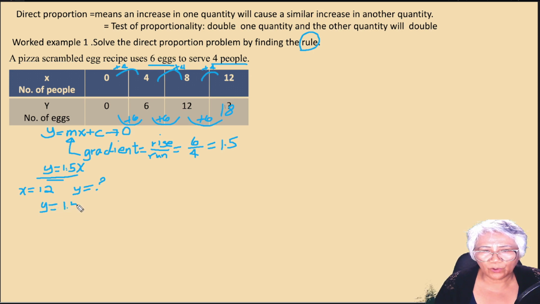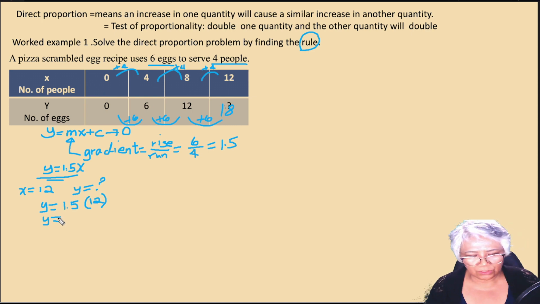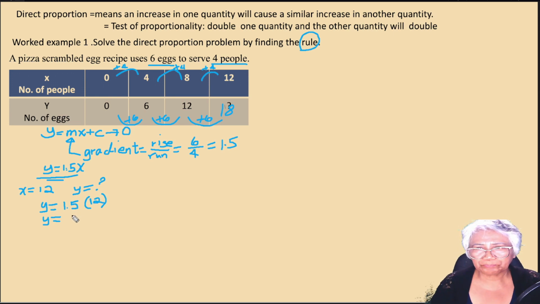So y equals 1.5 times x, that should be 1.5 times 12, because x is equal to 12. That should be equal to 18.